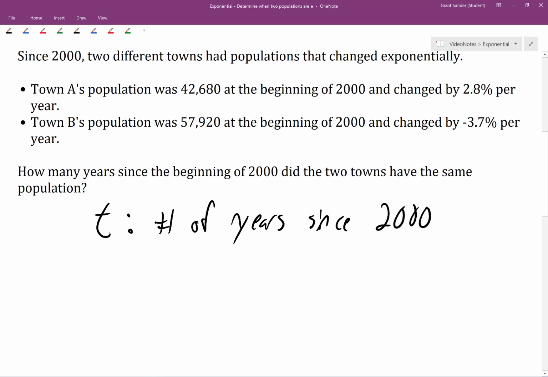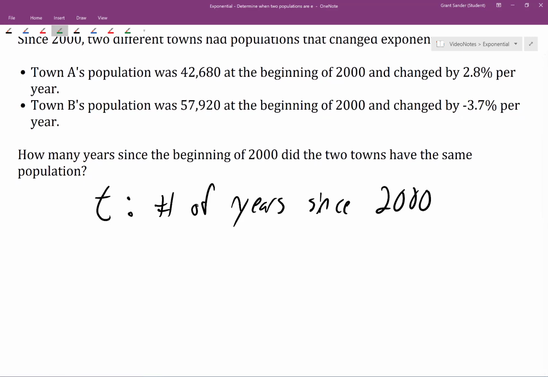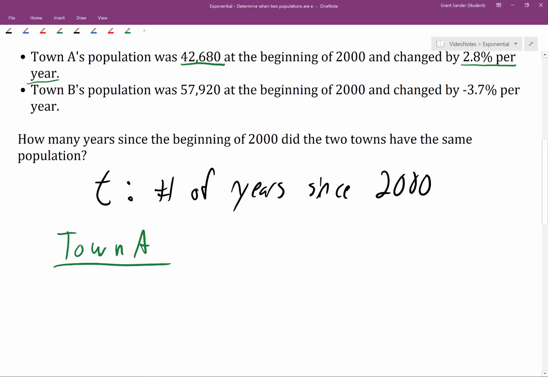So let's start by considering Town A. Town A had an initial population of 42,680, and it changed by 2.8% per year. So for Town A, we have a 1 year percent change of 2.8.